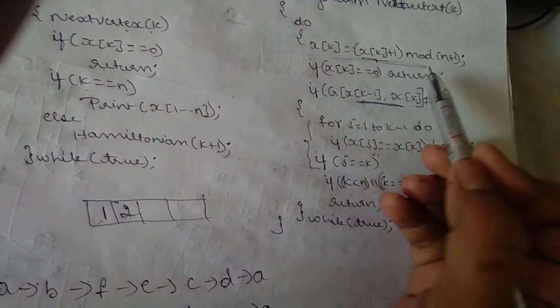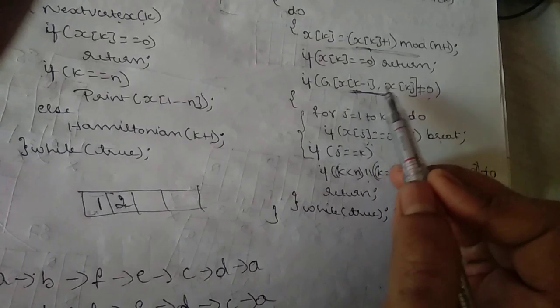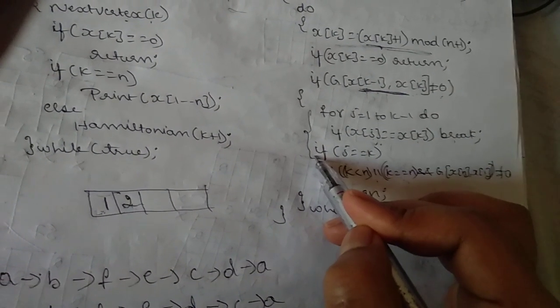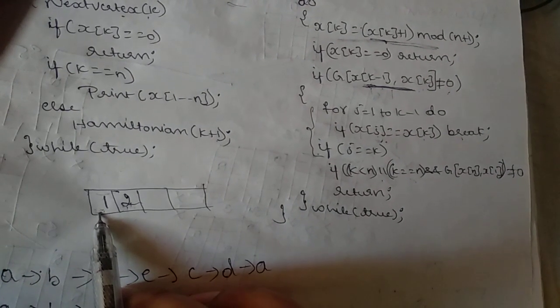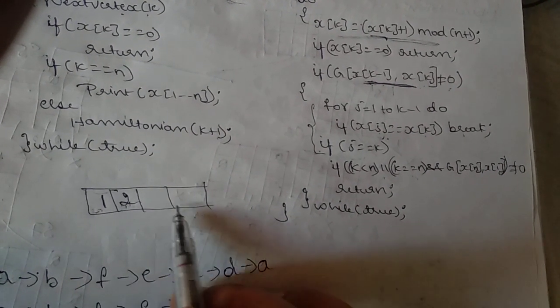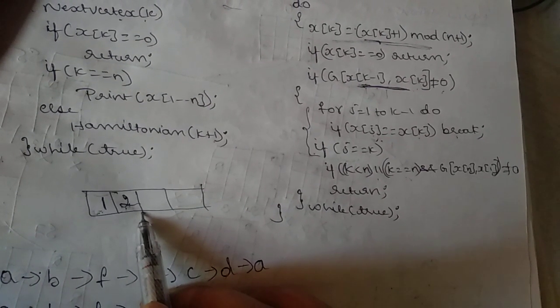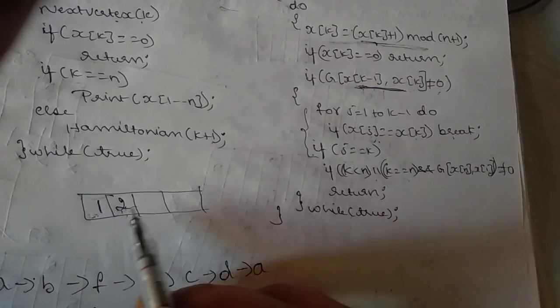This is to find out the next vertex and this is to find out whether the path exists or not. If the path exists, then this code will check whether the next vertex is the same as the previous vertex. If there are any duplicate vertices. If there are no duplicate vertices, then it will move further and it will just search for another vertex.